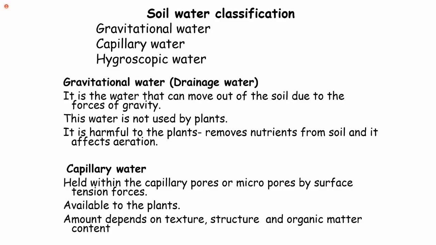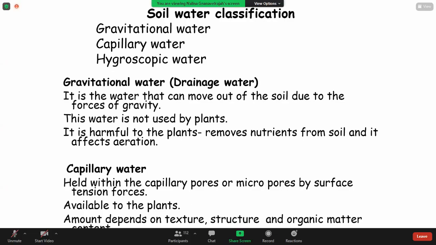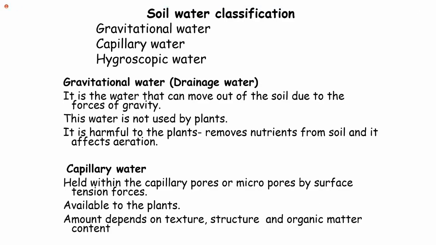Granular structure. Yeah. In granular, and what about crumb structure? Yeah, in both the granular and crumb structure, you have more capillary water compared to other types of structure, because in other types of structure, the proportion of micropores is very less.